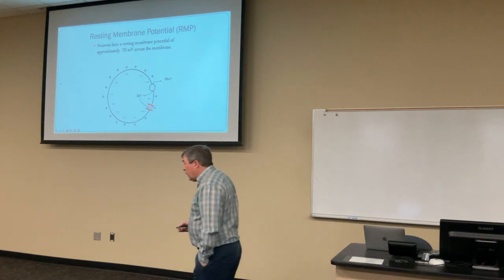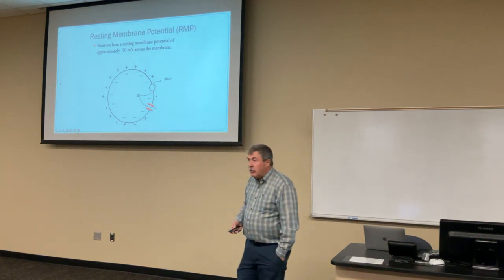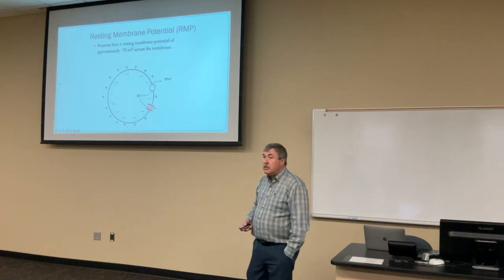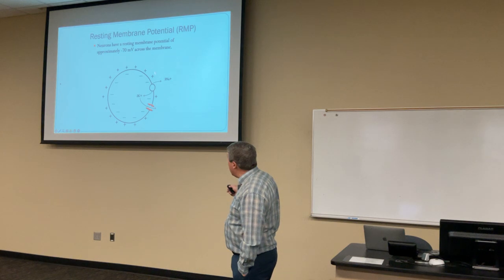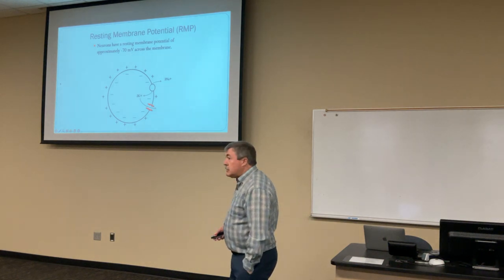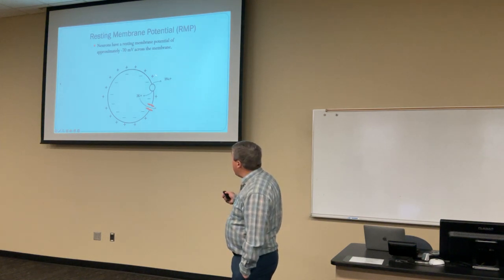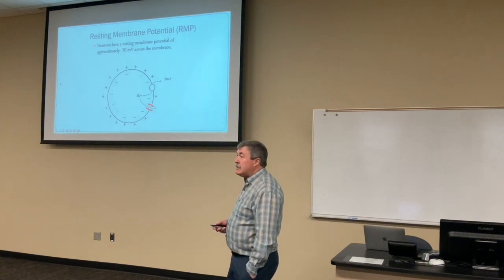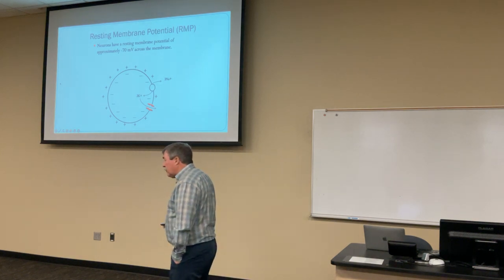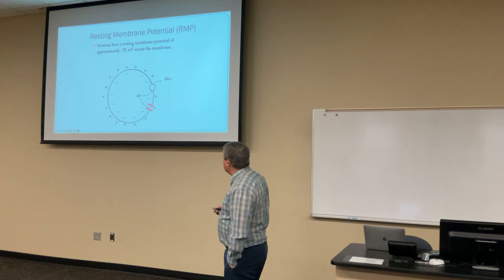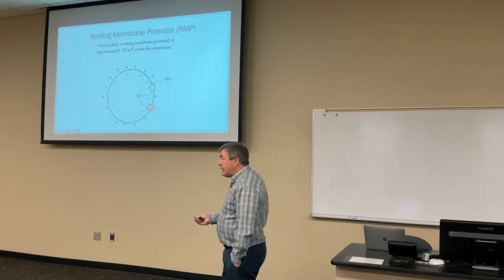Another ion that has an effect is chloride. Chloride ions are negatively charged, and chloride ions are in a higher concentration on the outside of the membrane. And so that makes the outside of the membrane less positive than it would be if there wasn't any chloride. And so that brings the resting membrane potential down a little bit.